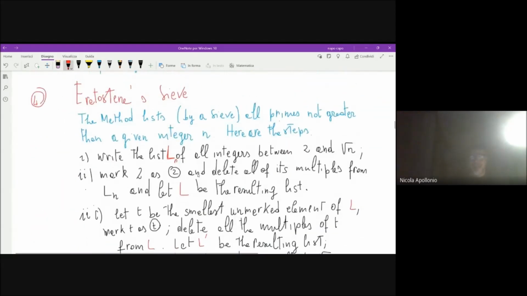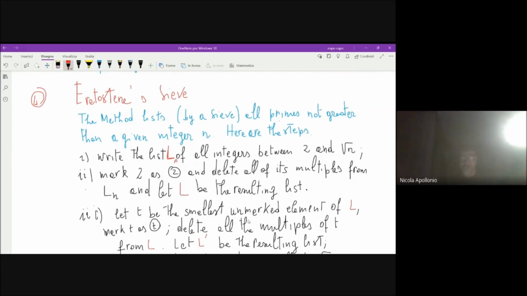Now, here is another exercise, the sieve of Eratosthenes. In Italian it is Crivello di Eratostene. This is the easiest method to find the prime numbers which are not greater than a given number n.